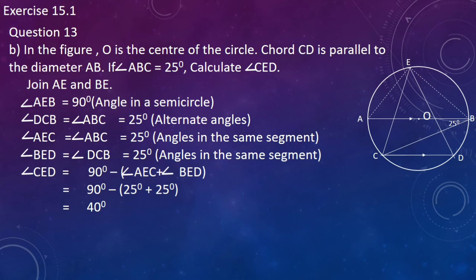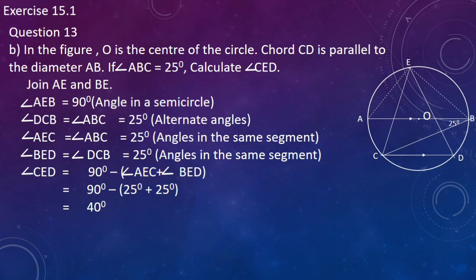Now, joining AE and BE, we get angle AEB, that is equal to 90 degree, because it is the angle in a semicircle. Now, angle DCB is equal to angle ABC is equal to 25 degree, because they are alternate angles. It is given that angle ABC is 25 degree, therefore angle DCB is also 25 degree.